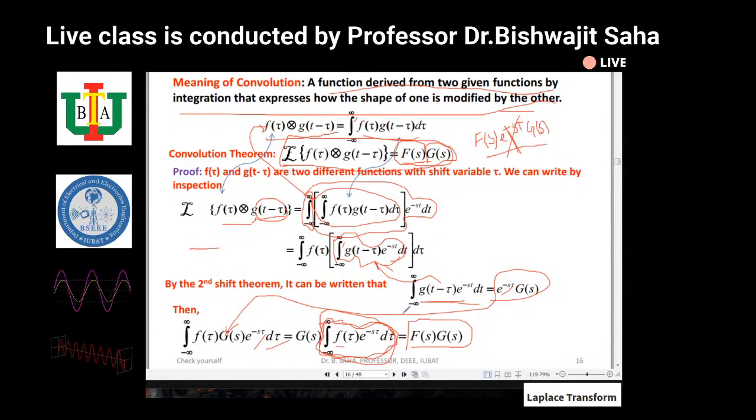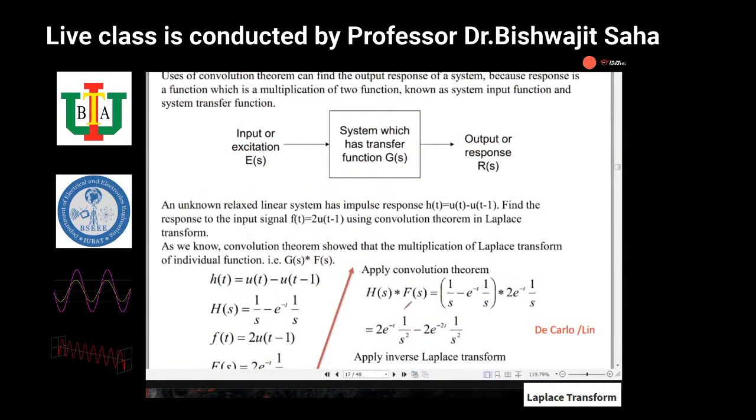Now we will see some application of the convolution theorem. We are going to apply this convolution theorem in real life practice. Like in our system, we always use a machine, right?